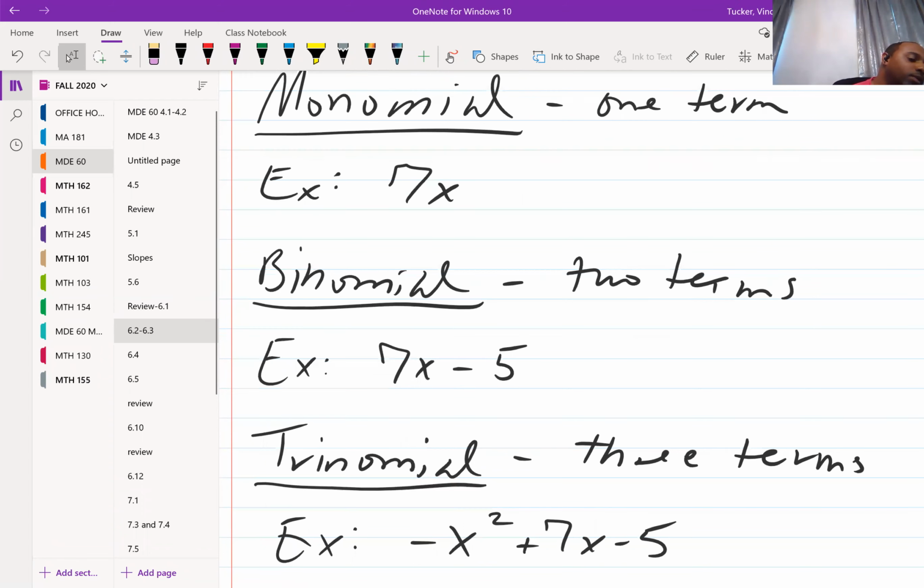Trinomials, 3 terms. So negative x squared plus 7x minus 5.